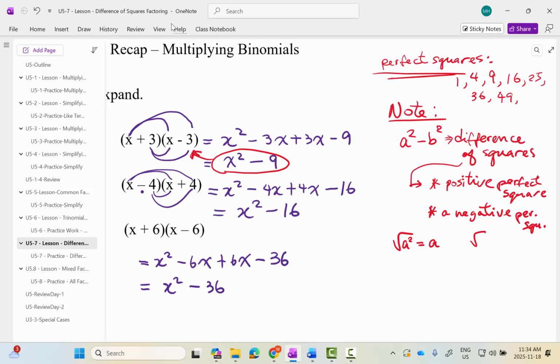And the square root of b squared is what? B. Yes? Do you understand that? Yes? So if you factor a difference of squares, the brackets are going to look like this. A, and minus b, and plus b.